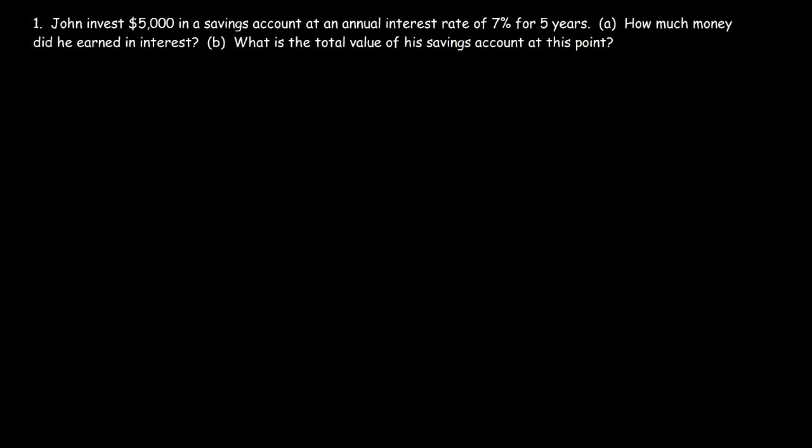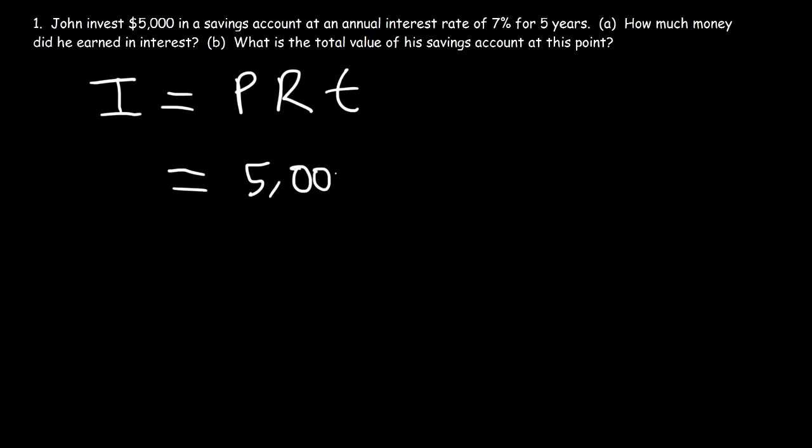So the equation that we're going to use is the simple interest formula. I = PRT, where I is the total interest received, which is what we're looking for. P is the principal, that's how much money he invests in the account, which was $5,000. R is the annual interest rate, which is 7%, but in the form of a decimal.